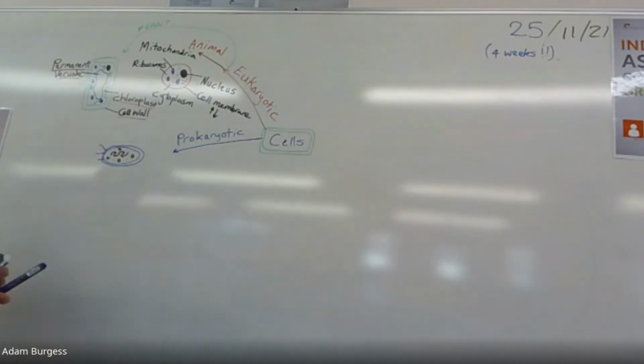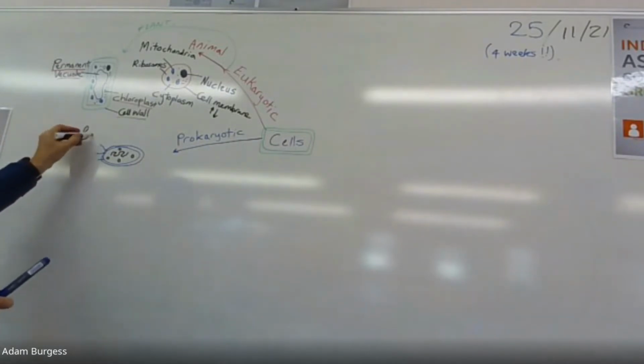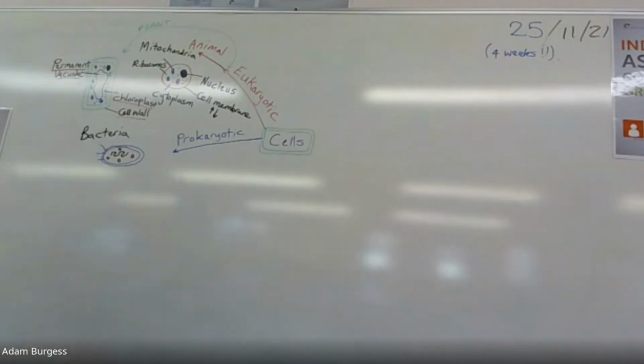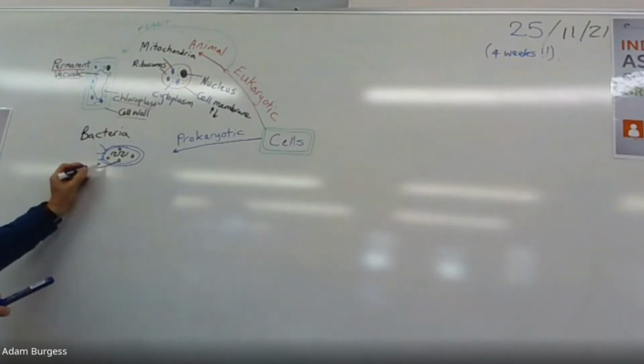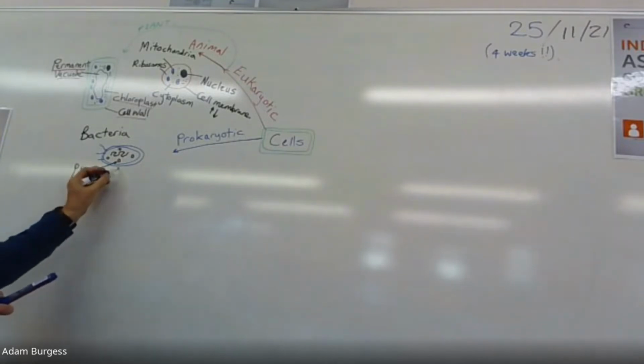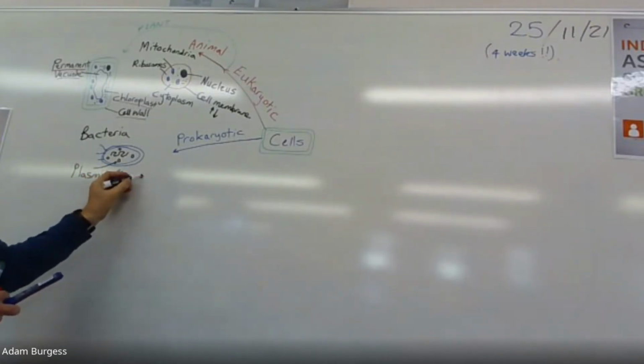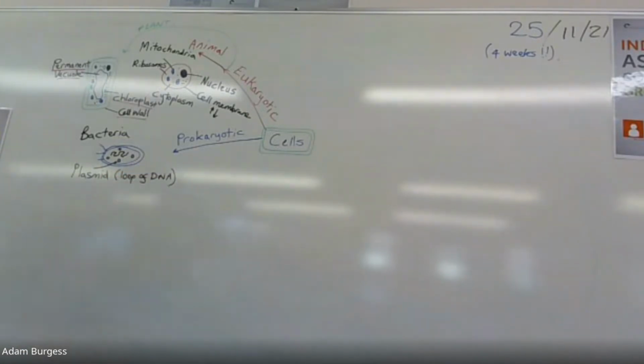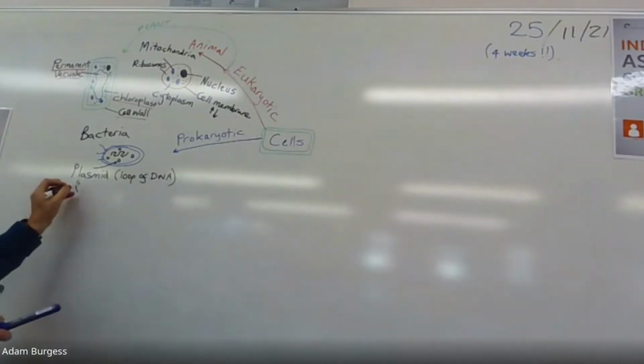Right, okay, so this is a bacteria, believe it or not. Okay, it is a prokaryotic. So bacteria, the big difference with bacteria are that they have loops of DNA. So these are called plasmids, which is a loop of DNA. So it doesn't have a true nucleus. So there's no nucleus.